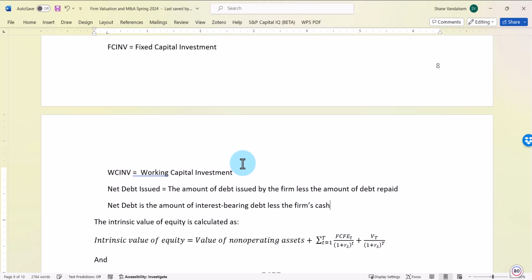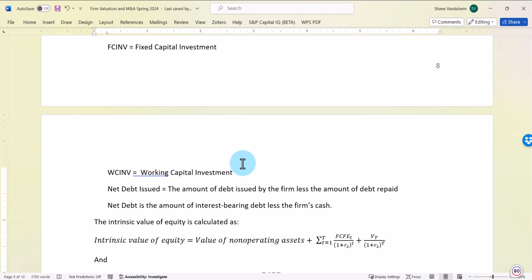And so we consider cash a negative debt because it could be used to pay the debt off of the firm. So let's say that I have $50,000 in debt and I have $25,000 in the bank. I would be considered to have $25,000 in net debt because I could take the $25,000 in the bank and pay off $25,000 of my debt.